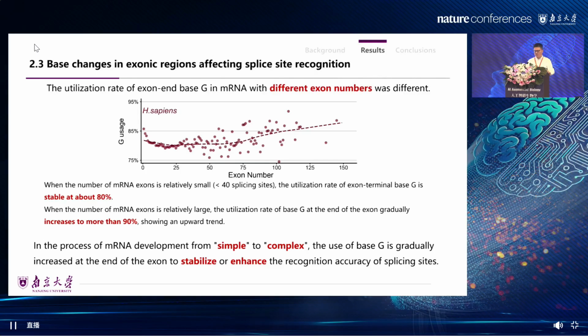This suggests that as genes become more complex, the reliance on this G anchor point for accurate splicing is enhanced.